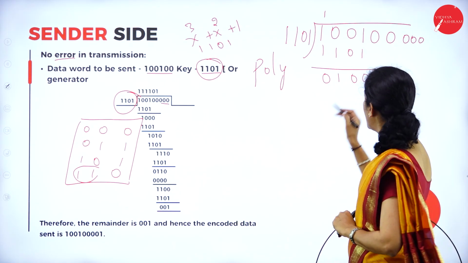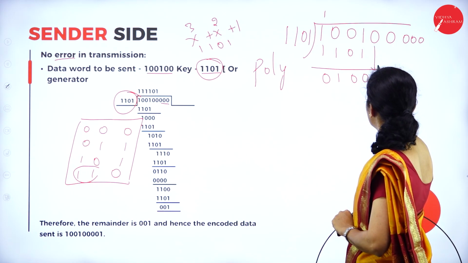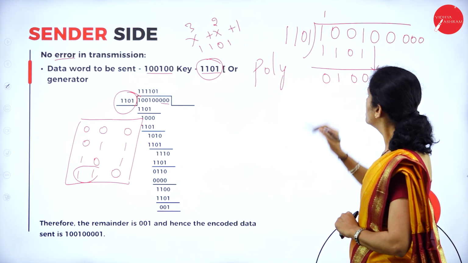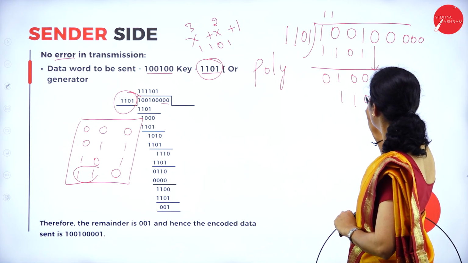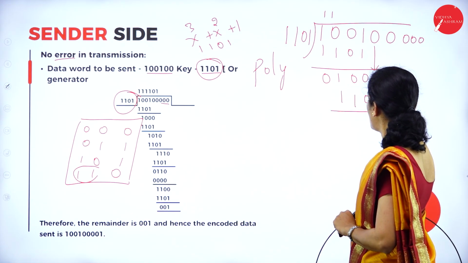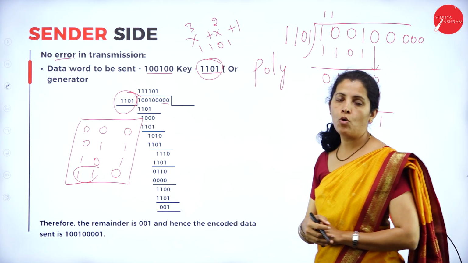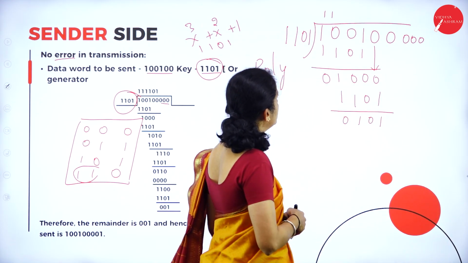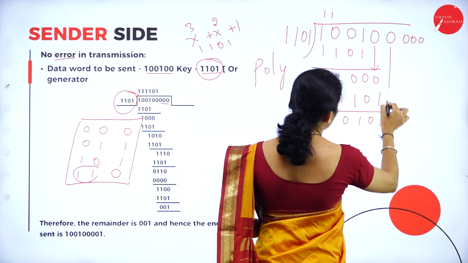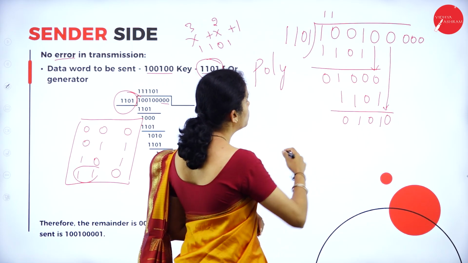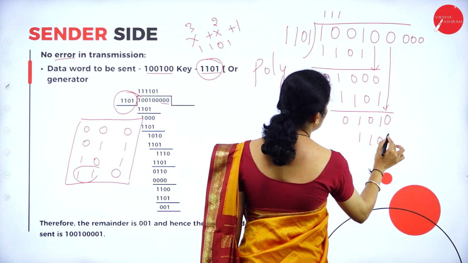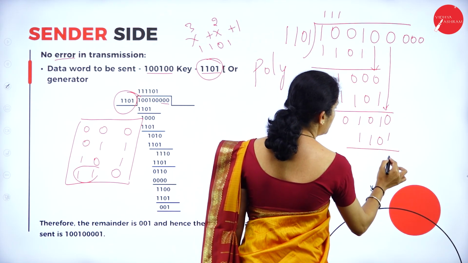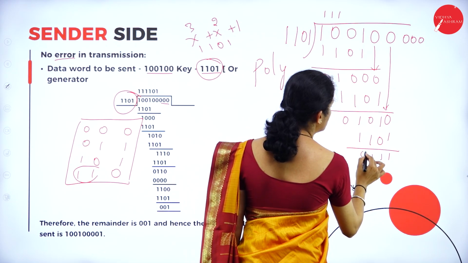Now I want to bring this 0 here. I'll write it here. The key is 1 1 0 1. So an odd number of ones. Now what do I want to do? I want to bring the next 0 here. Then 1 1 0 1, odd number of ones, 1 1 0.